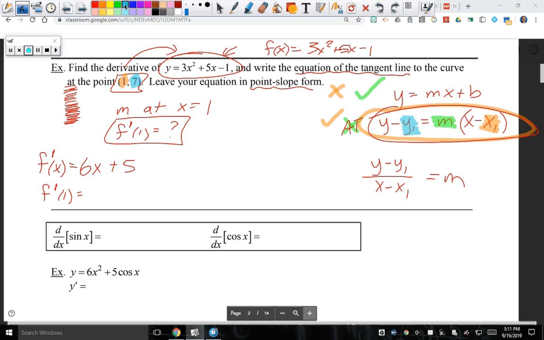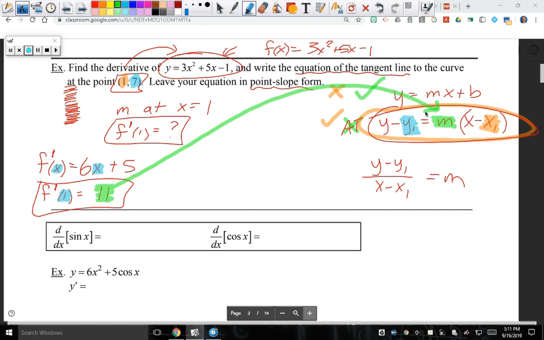Because we need to plug in 1. Okay, we need to plug in this 1 into this function. And it will be f prime of 1 is equal to anyone? 11. So 11 is the slope that we're looking for, that we're going to plug in way over here. Okay?